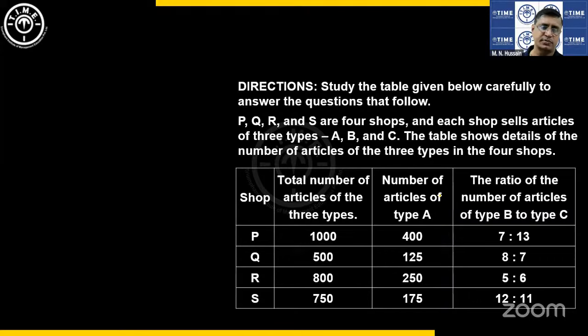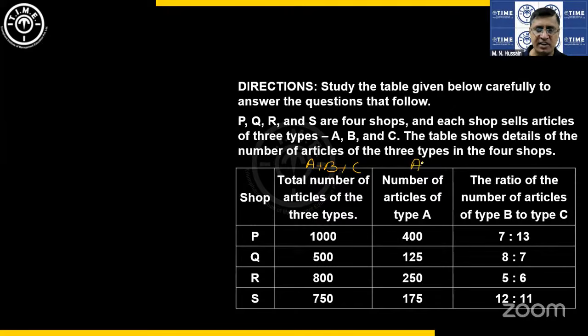Dear student, just look at the data given here and try to find out the values of A, B, and C. Shop P, Q, R, S is given, and the total number of articles of 3 types, that is A plus B plus C, is given.